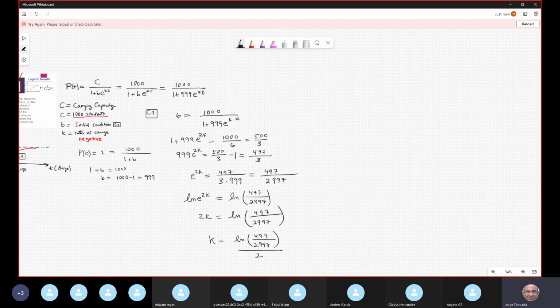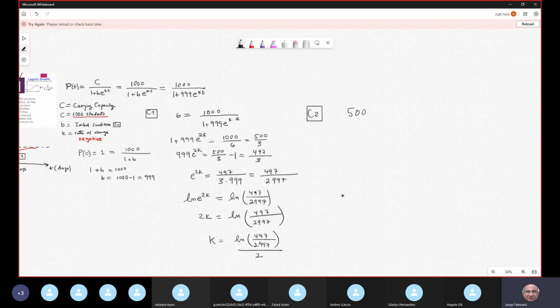Condition 2 is the condition in which the health authority predicts or needs to avoid it becoming an epidemic. This is 500. So now the time associated with this is 500 students.